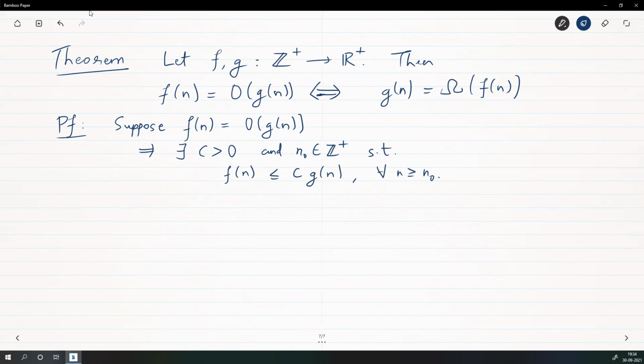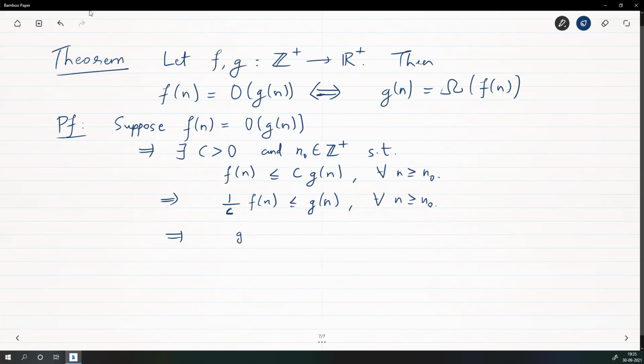Now note that c is a positive number, so I can always divide by c and the inequality will not change. So this in fact implies 1 by c times f of n is less than or equal to g of n for all n greater than or equal to n naught.